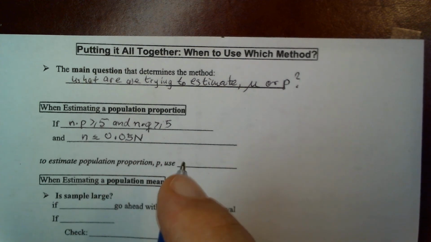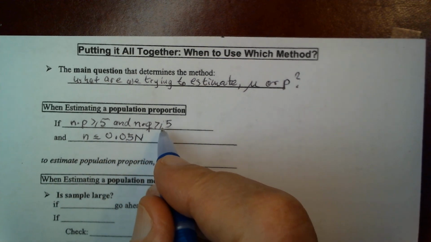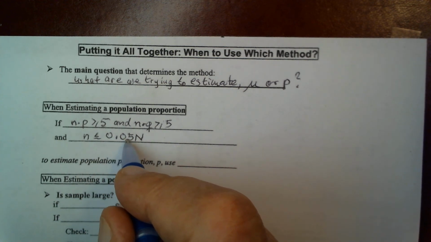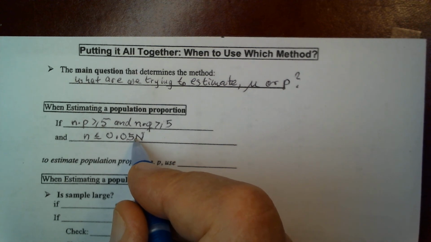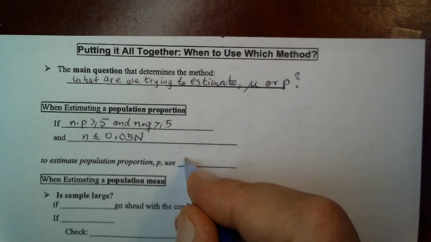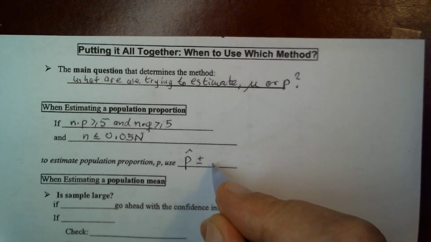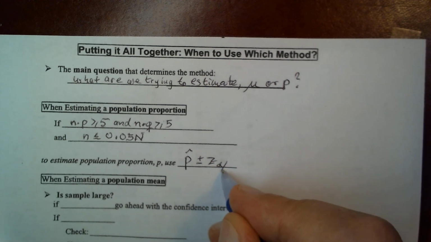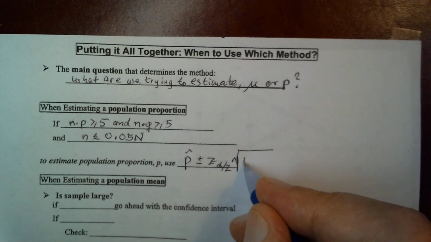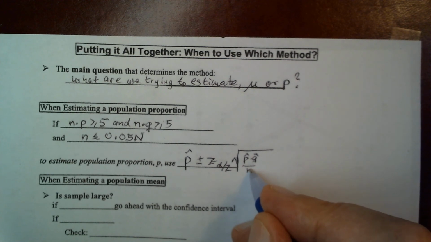When estimating a population proportion, we need to check that n times p is greater than 5 and n times q is greater than 5, and that the sample size is less than 0.05 times the population size. Then to estimate the population proportion, p, we use p hat, the sample proportion, plus or minus z sub alpha divided by 2 times the square root of p hat times q hat divided by n.